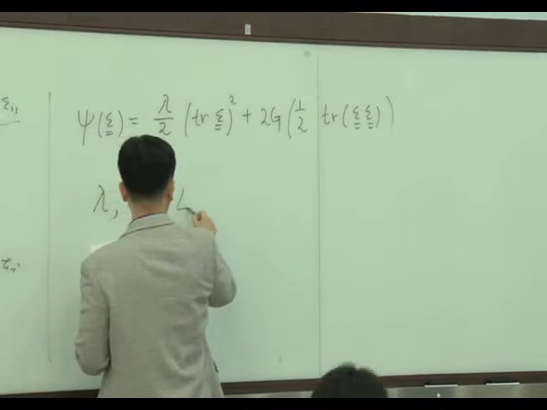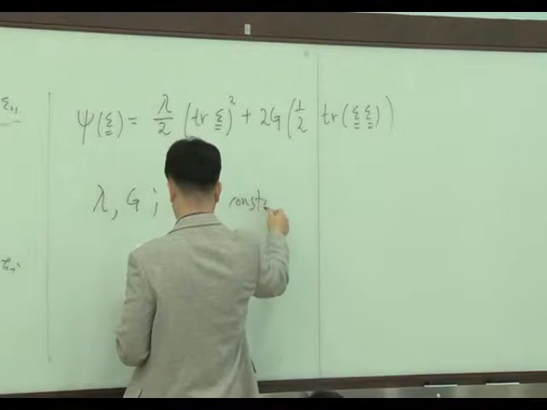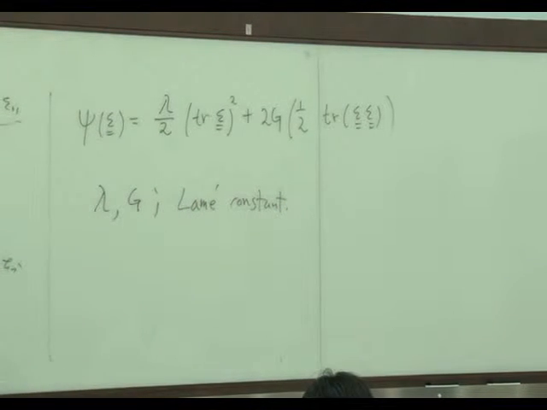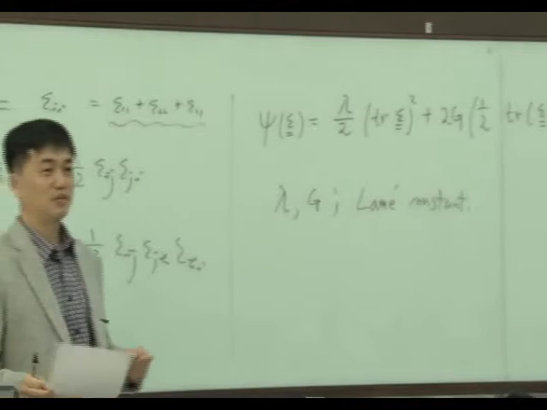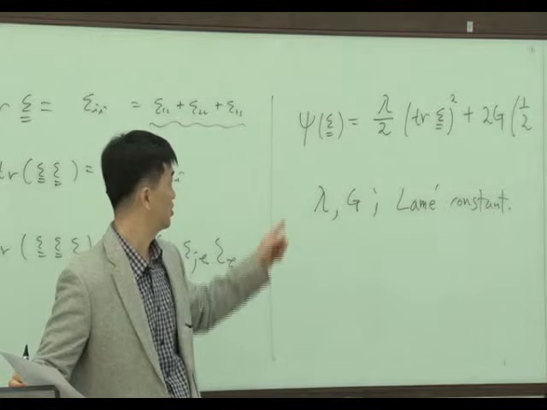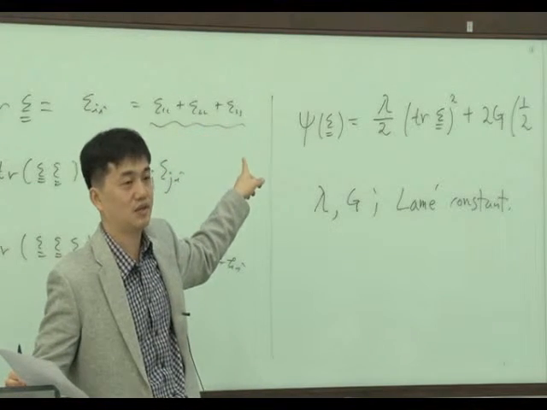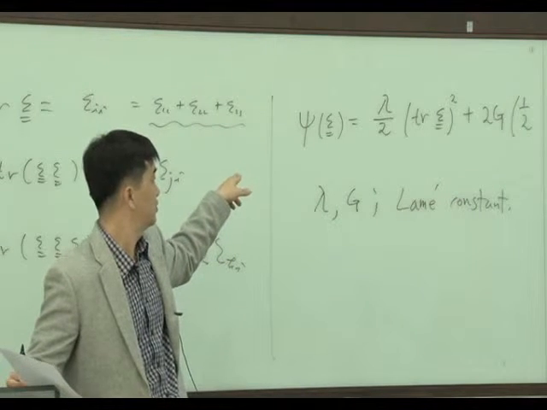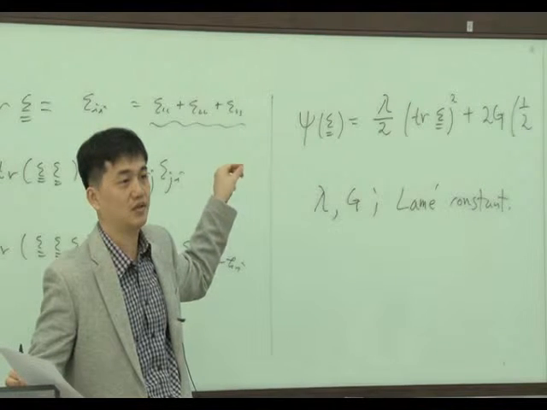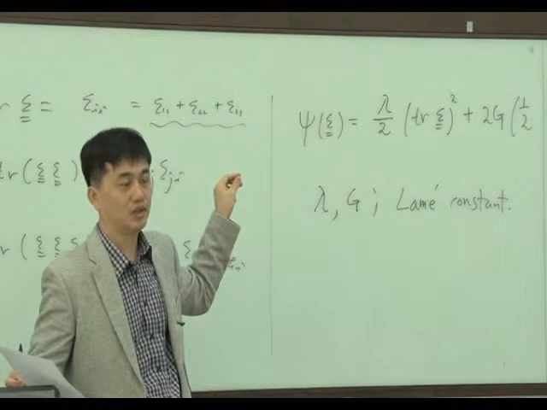And their name is the Lamé constants. Okay. So now we have only two material constants, right? Because if we differentiate this free energy with the strain, we can find the material law, right?